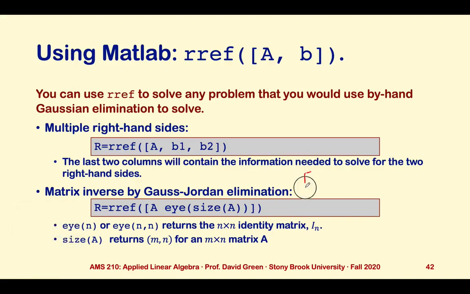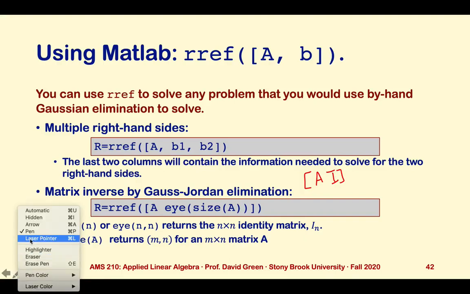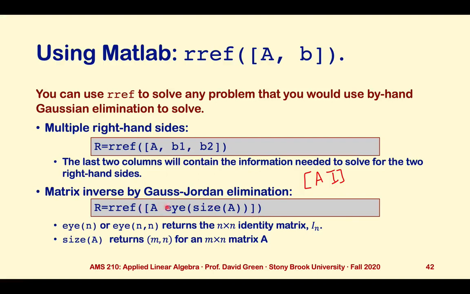The matrix we would want to set up would be [A I], where I is exactly the same size as A. How do we execute that in Matlab? Matlab has a command, eye, spelled like the eye on your face, that you can give either 1 number or 2 numbers, and it will return the n by n identity matrix if this is either a single number or if these are the same.